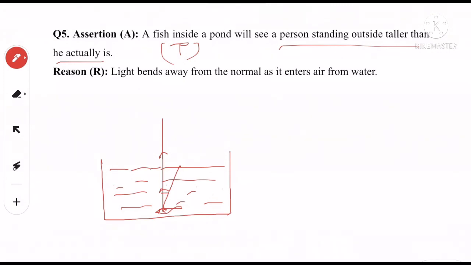Then what happens? Since the ray is moving from denser to rarer medium, this ray will move away from the normal. If we draw the perpendicular at the point of interface, then it will appear that this ray is coming from this point O dash. Means O is the object and O dash is the image of this object O.